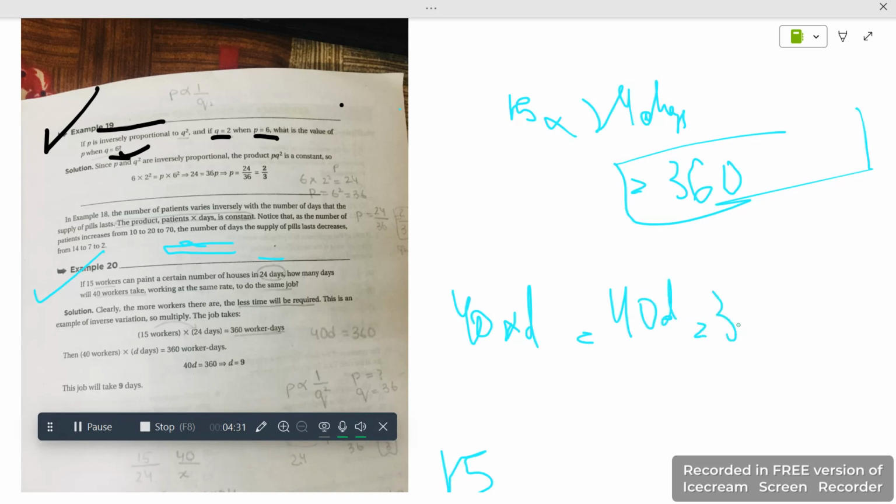Then we divide: 360 divided by 40, you will get the answer, which is equal to 9. D is equal to 9.